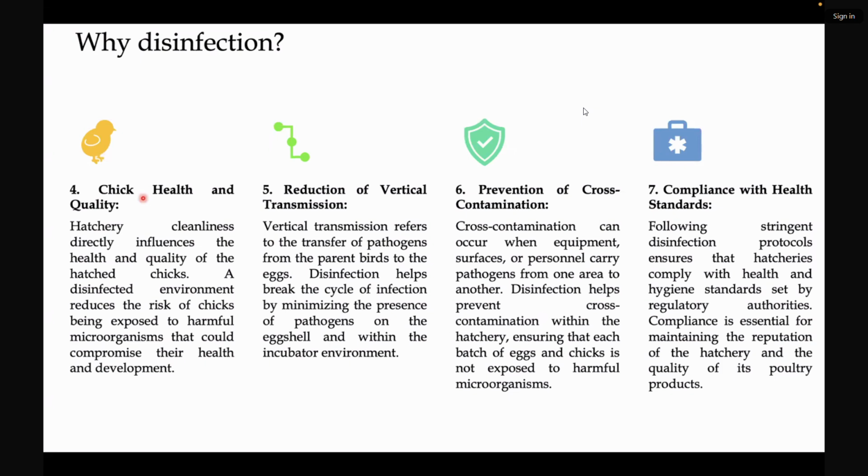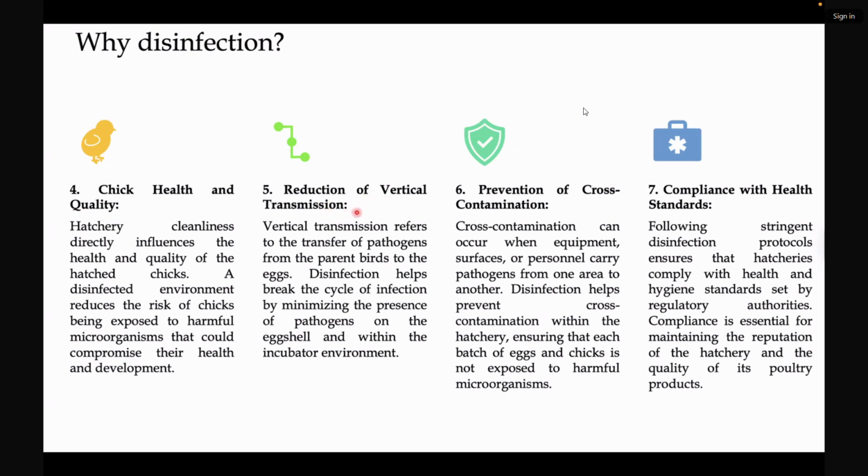They may buy for the first time, but if the performance is not good because of bad chick quality, they will not buy. So disinfection ensures that the eggs are healthy, and the egg products, that is the chicks, are also healthy.